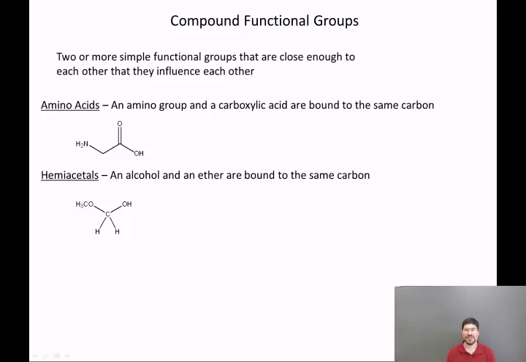And as you'll see in later parts of the course, hemiacetals have special reactivity relative to ethers and ordinary alcohols. And then finally, along the same lines, an acetal is what you get when you have two ethers bound to the same carbon. And once again, they have to be bound to the same carbon in order to be called an acetal to impart the special reactivity that we'll see later in the course.